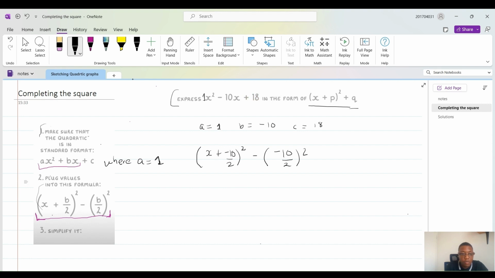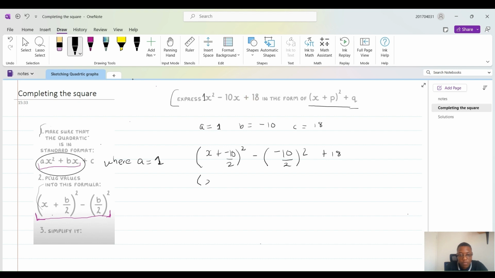Then one thing you must remember here is what this expression is doing, this one, (x plus b over 2) squared minus (b over 2) squared, is simply simplifying this part here, right? So we'll still need to take back the c here. So in this case, the c is plus 18, right? So let's do the third step, which is just simplifying.